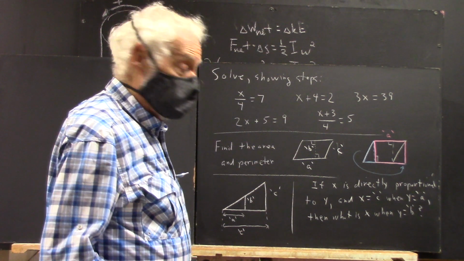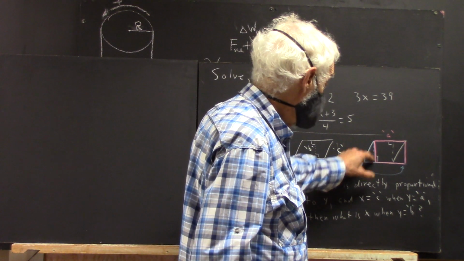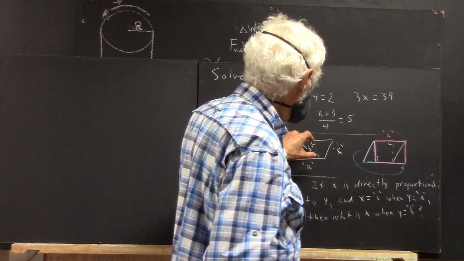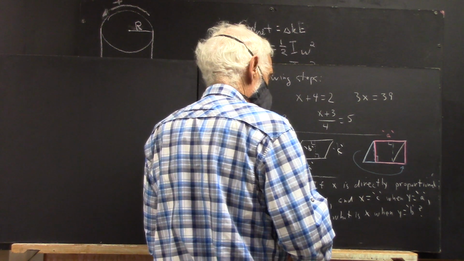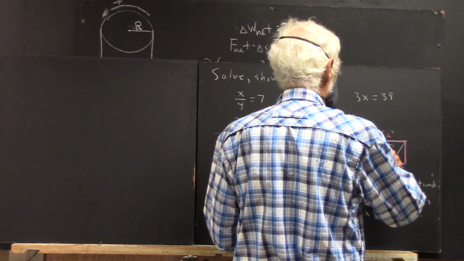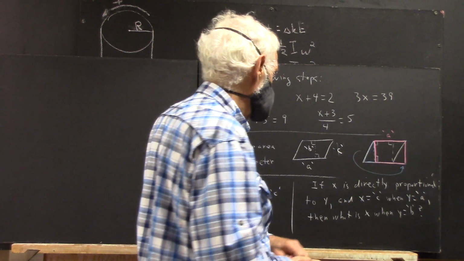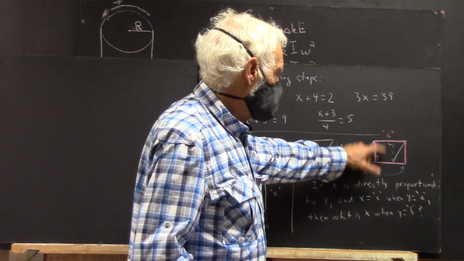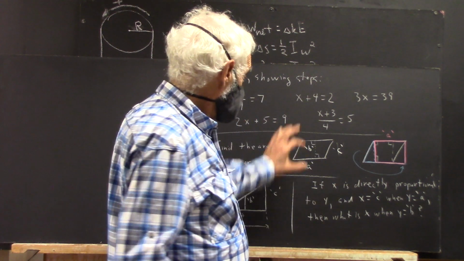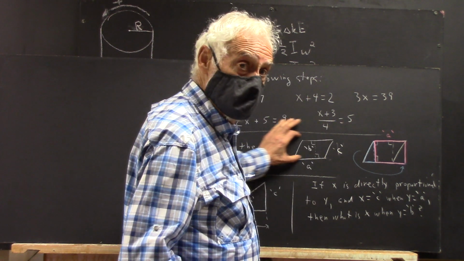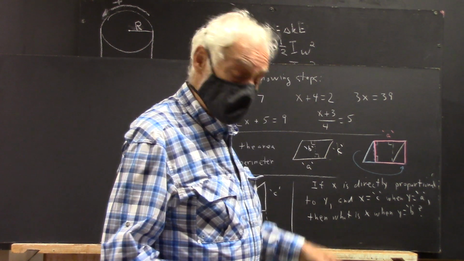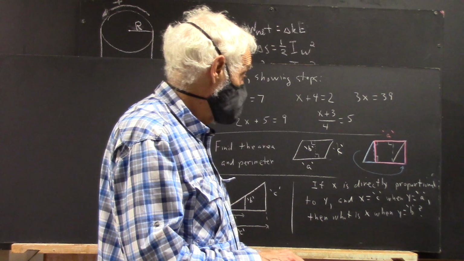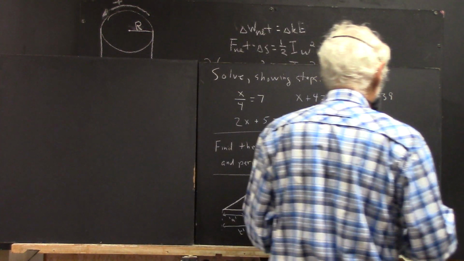B. It's B because that was here, and that's B because it's between two perpendiculars, or it's perpendicular to the two sides that we'll call bases. So it doesn't matter where we move this, as long as it stays perpendicular. These sides are parallel, so its length is not going to change. So we've got A times B.